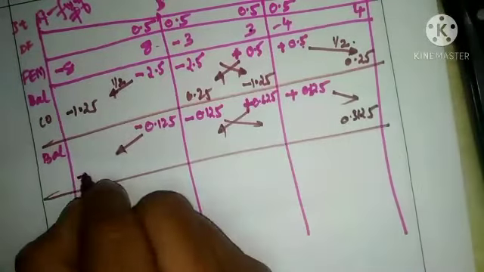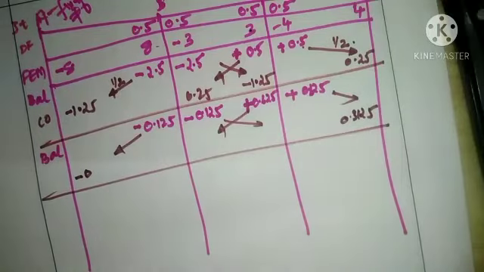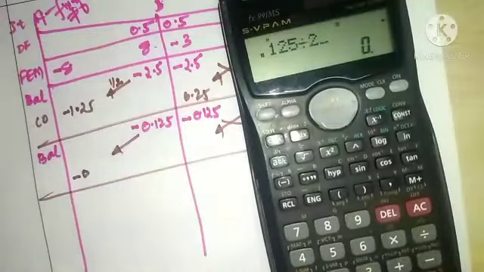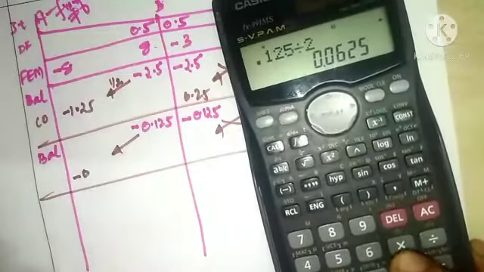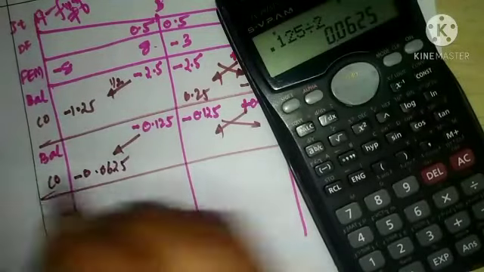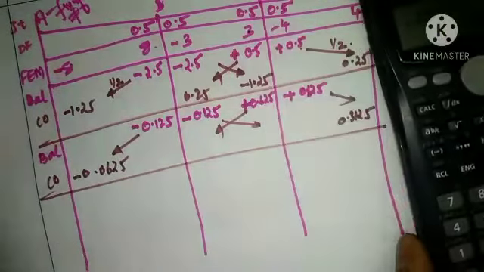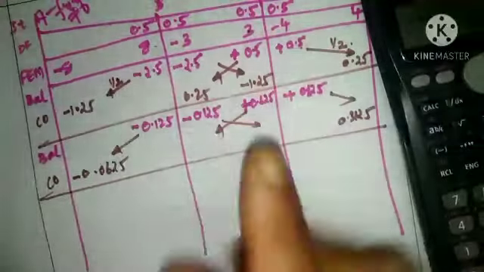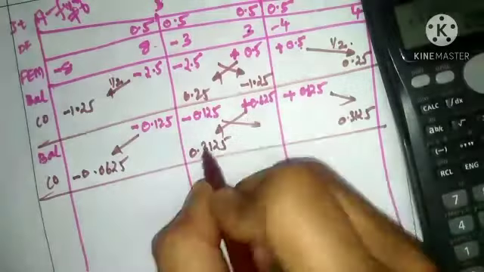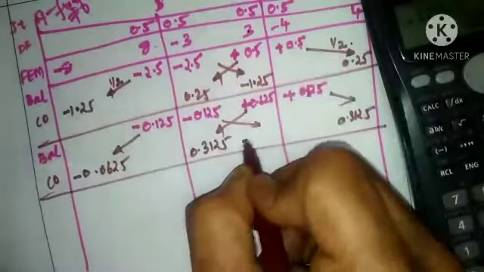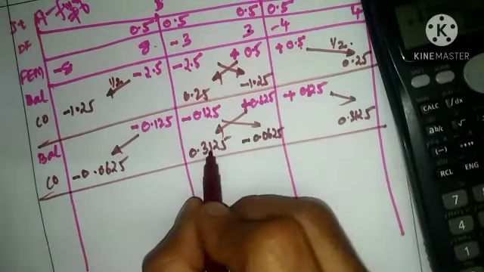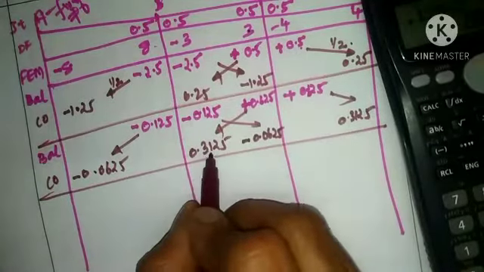So 0.625 divided by 2 is 0.3125, and here it will be positive. And 0.125 divided by 2 comes as 0.0625. This exercise is called carry over. Carry over is done along with the sign, and here it will be minus 0.0625. Still the first decimal should come as 0, but it is not 0 here, so I shall continue with the exercise further as balancing.